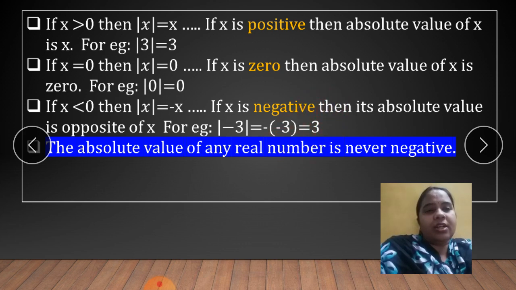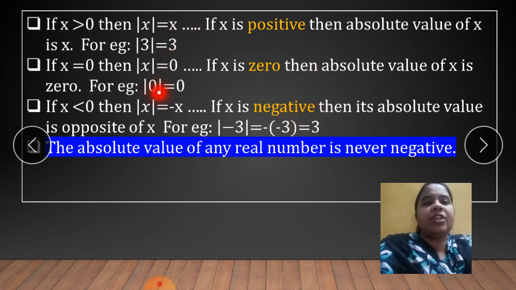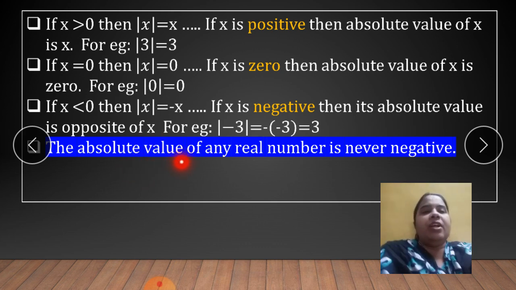I hope you are understanding it now. Important thing to remember: whether it is a positive number like 3, whether it is 0, or whether it is a negative number like -3, the answer will always be non-negative. Mod of 3 is 3, mod of -3 is 3, and when it is 0, the answer will be 0. So the important point: absolute value of any real number is never negative.